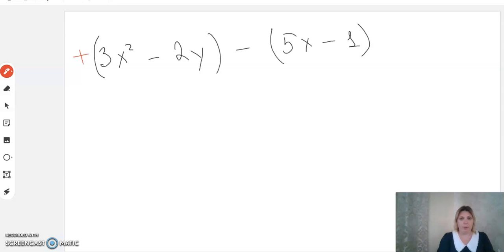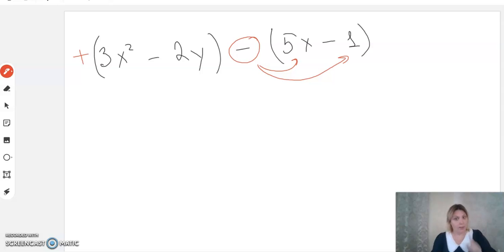This one's just going to be unchanged. But this minus, we have to pull through. So now 5x has no sign in front of it, so that's a plus. So this one's going to be a minus 5x. But hey, minus 1 already has a minus. What do we do? Throw this away? Nope. 2 minuses make a plus, and this is the case of 2 minuses making a plus.